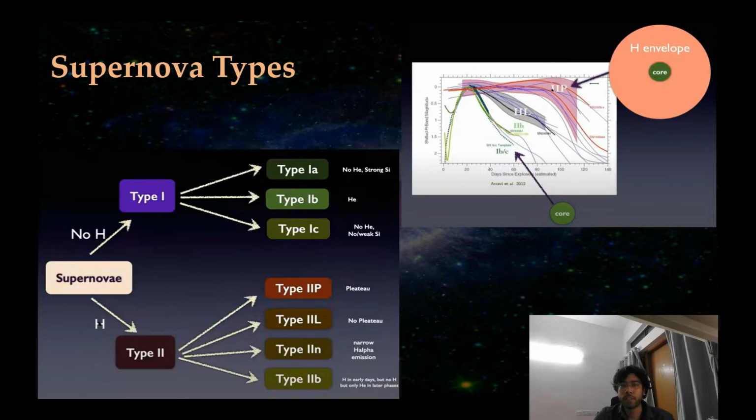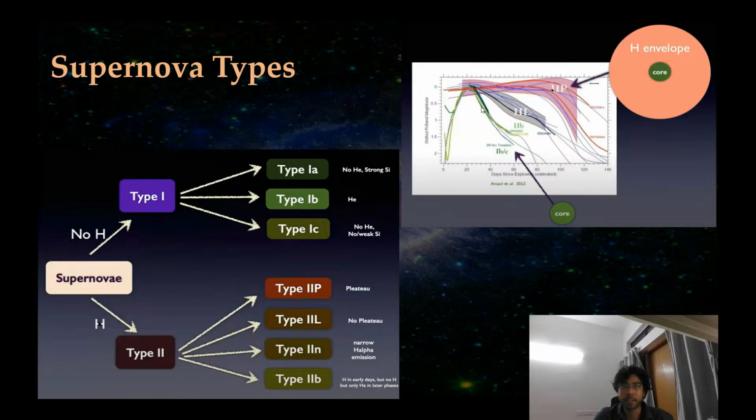If the H alpha lines are narrow, that means the velocity of the ejecta is low, whereas if the lines are broad, that means the velocity of the ejecta is very high.